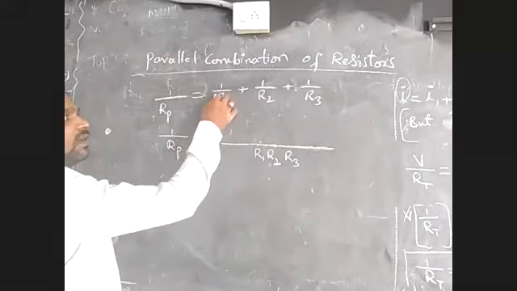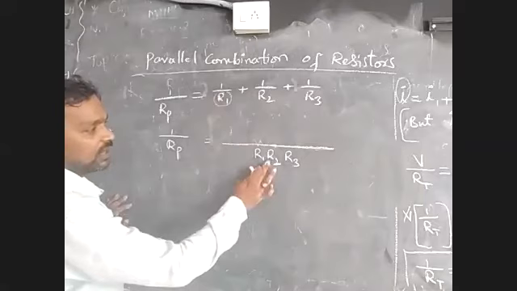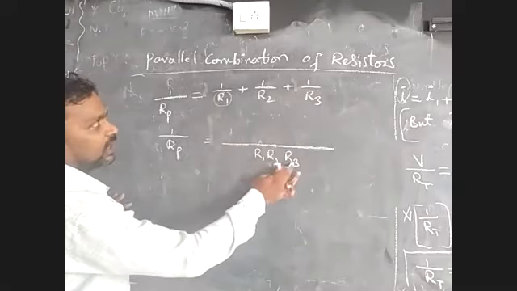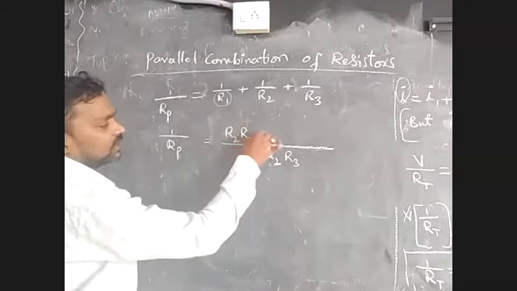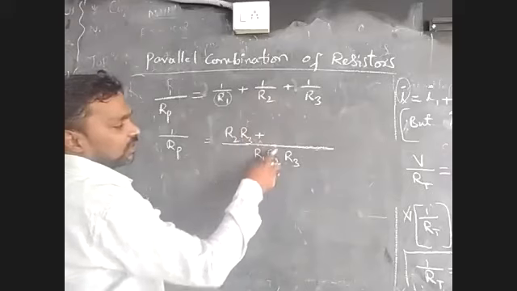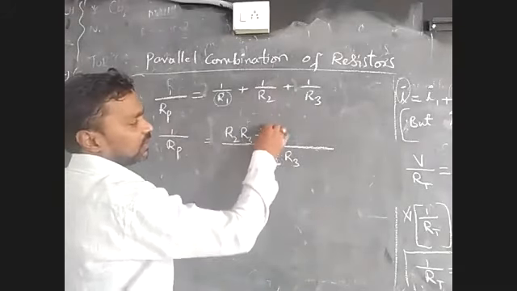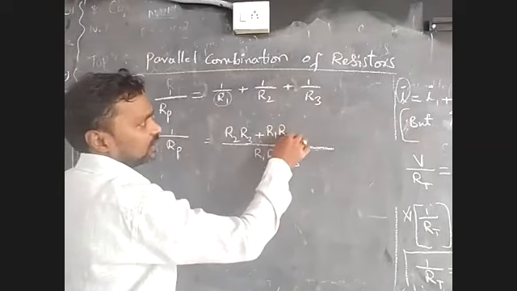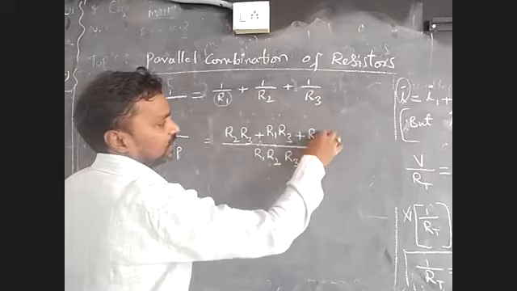When R1 is there here, R1 will be common, so R2 into R3, R2 into R3 into 1. That is nothing but R2 into R3 plus, next R2, R2 will be cancelled, R1 into R3 into 1. Therefore R1 into R3.